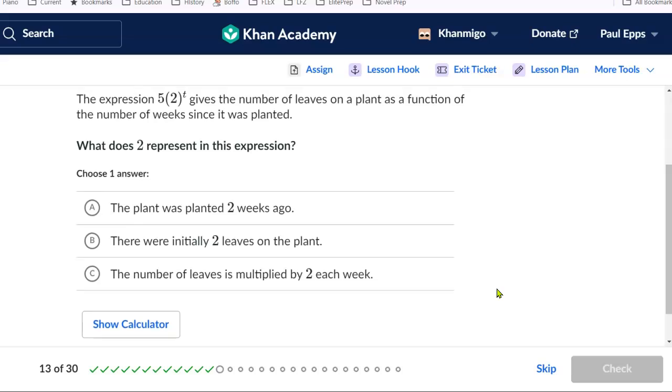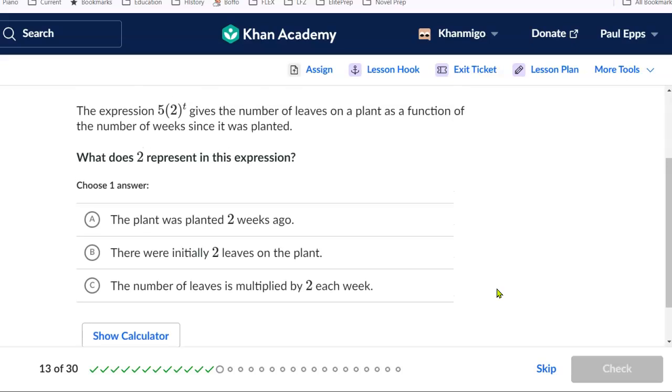All right. The expression 5 times 2 to the t gives the number of leaves on a plant as a function of the number of weeks since it was planted. What does 2 represent in this equation? All right, so here's a way to approach it. A function of the number of weeks.